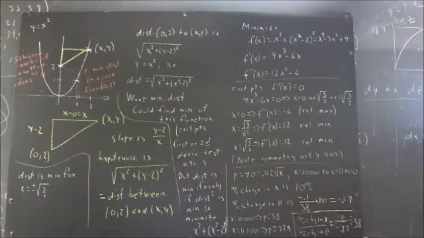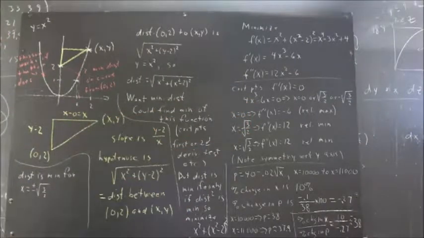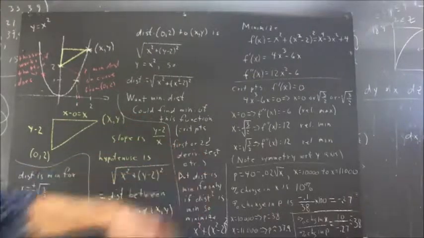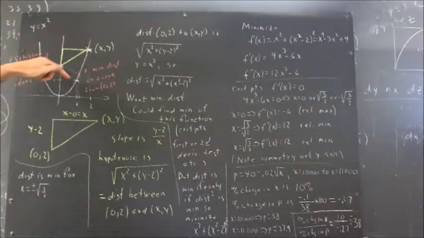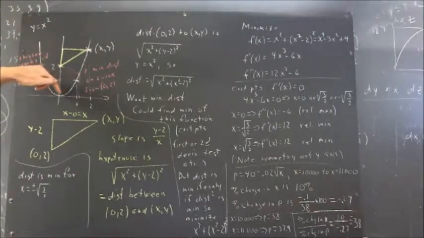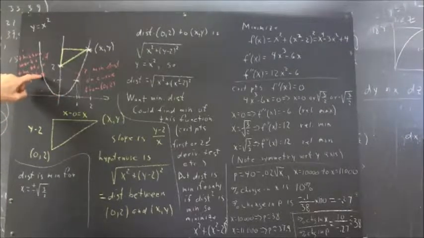Also, our x equals 0 point gives us a relative maximum. We don't have room to draw this out, so I'm not going to draw the graph. But what happens is, as we go from here to here, the distance continues to increase. But once we pass the origin, the distance starts decreasing toward our other minimum over here.